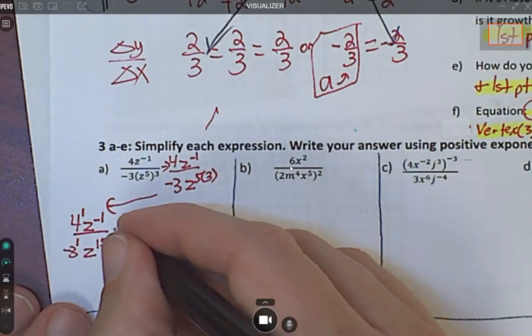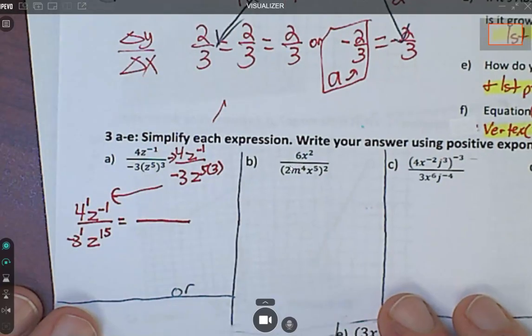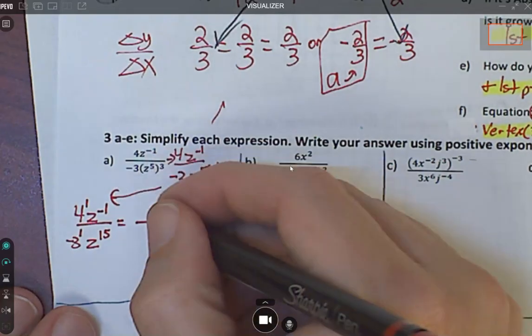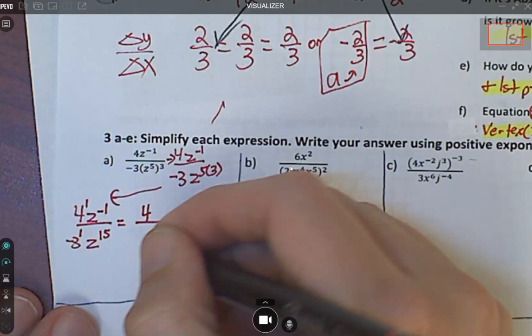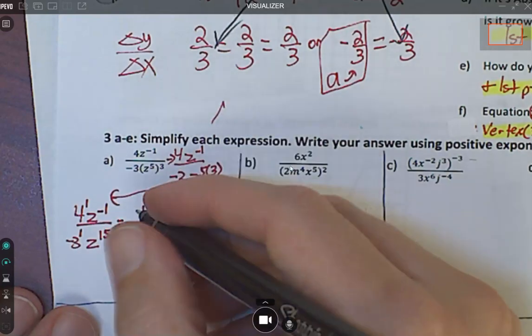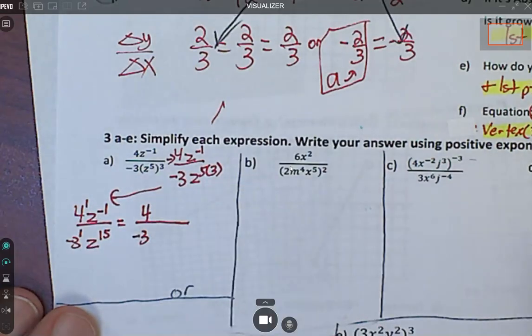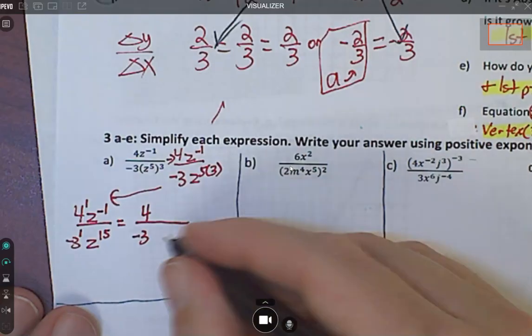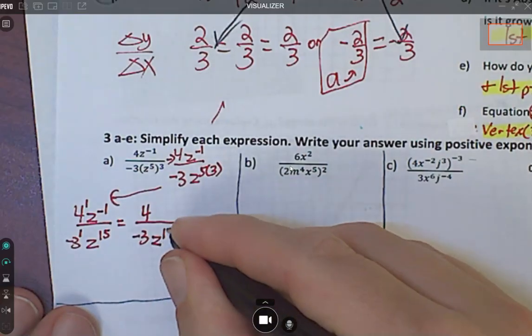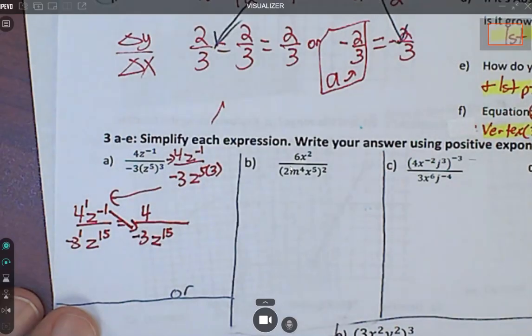Okay, I'm going to make a fraction bar. If it's a positive exponent, it stays in the numerator, it stays where it is. So 4 is going to stay up top. Z is going to move to the bottom. Down here we still got that negative 3. Okay, z to the 15th on the bottom. I'm going to transfer z to the negative 1.